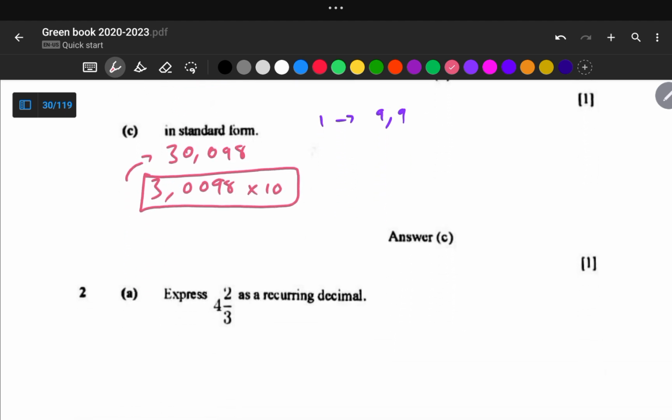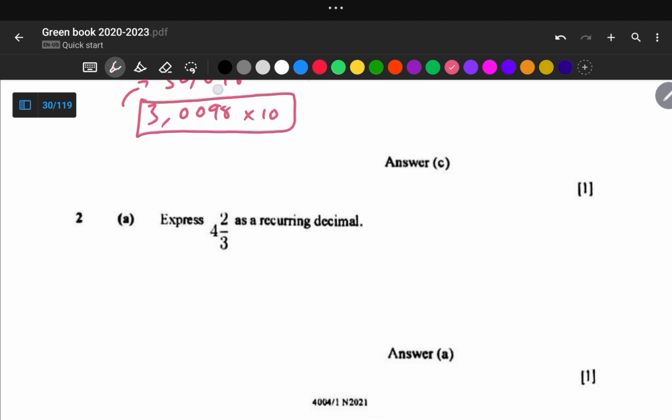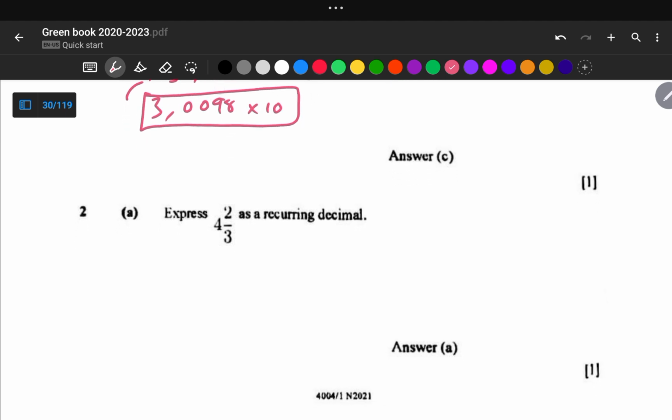And let us move on to number 2 of our question paper, which says express 4 2 over 3 as a recurring decimal. So we have 4 2 over 3. This is a mixed number, so the first thing is to convert this mixed number into an improper fraction. For us to do that, we multiply this 4 by this 3, then add the result to 2, and then divide everything by 3.